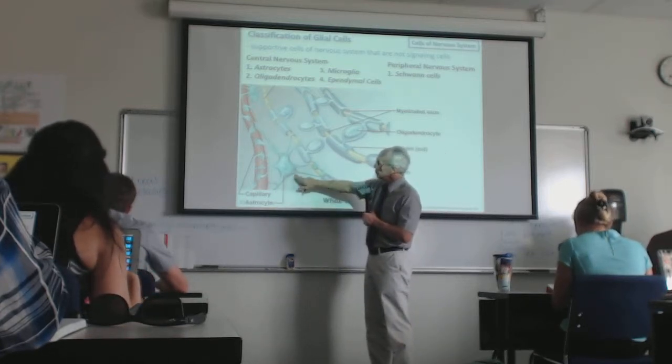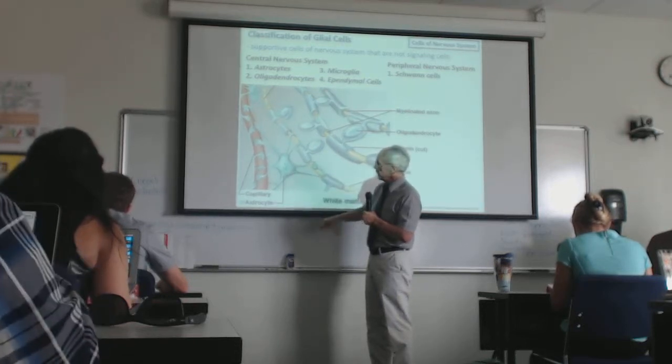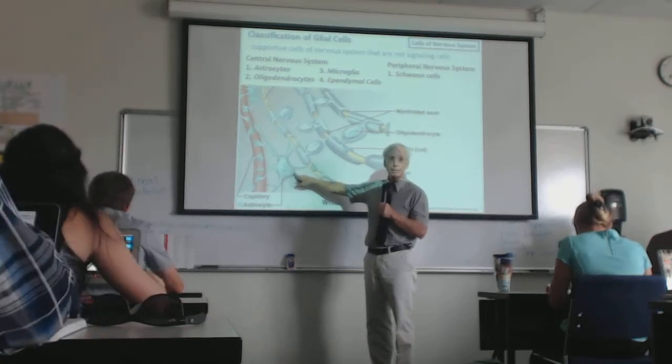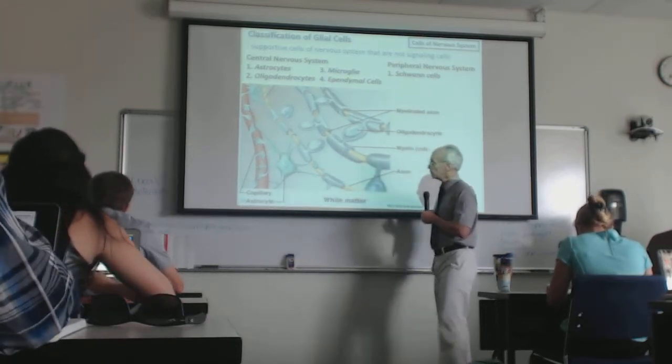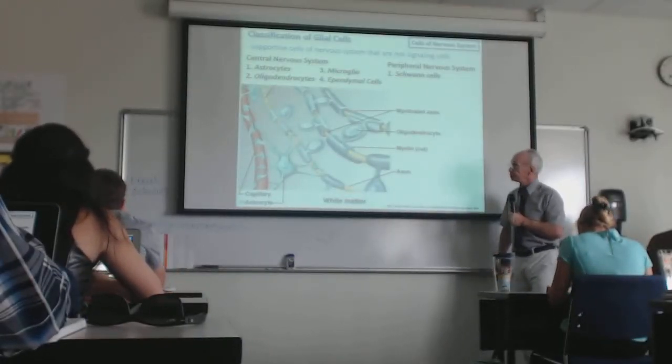But in any case, the astrocyte in this illustration is contributing to what is called the BBB. What is the BBB? The blood-brain barrier. Now we're learning that the blood-brain barrier isn't so much of a barrier as we once thought.